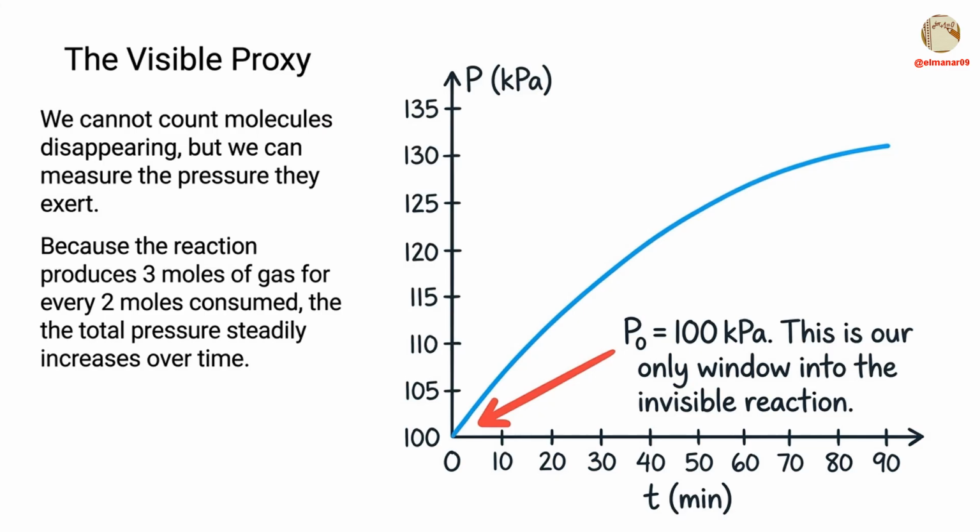This is our baseline. It represents only the starting material, N2O. As the reaction proceeds and produces more molecules of gas than it consumes, the pressure steadily climbs. By tracking this increase, we are effectively watching the molecules transform in real time. It's like having a superpower.